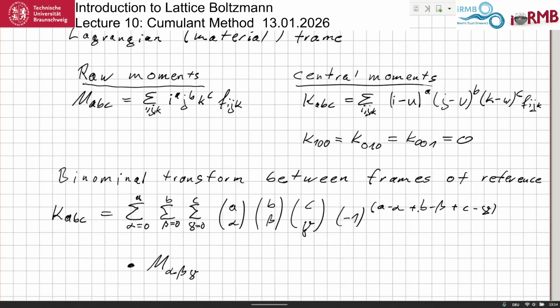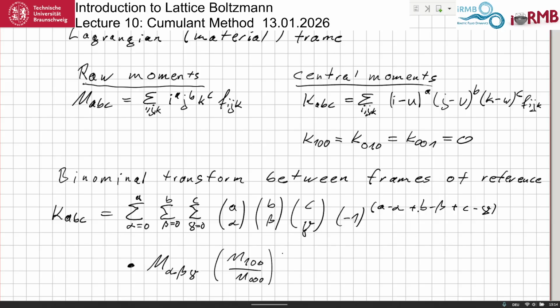There's nothing beyond that, but there's something below that. And this goes into M100 divided by M000. So this is the velocity, because it's the momentum divided by the mass.